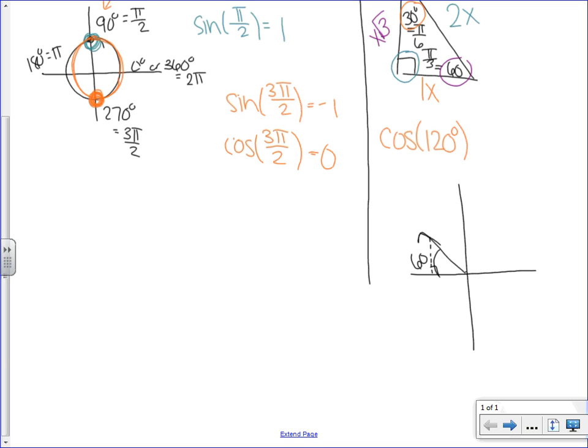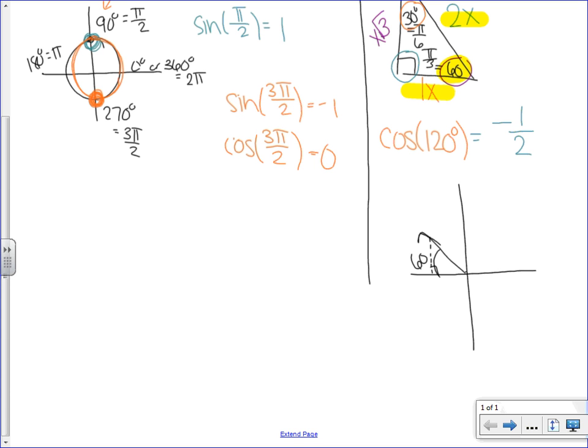And we know that the cosine of 60 is, remember, cosine is adjacent over hypotenuse, A over H. So the cosine of 60 is going to be 1x over 2x. So it's going to be the same thing over here for 120, 1 over 2. Except since I'm in quadrant 2, my cosines are negative. So we make it negative.